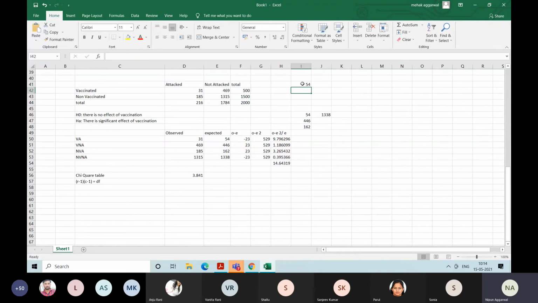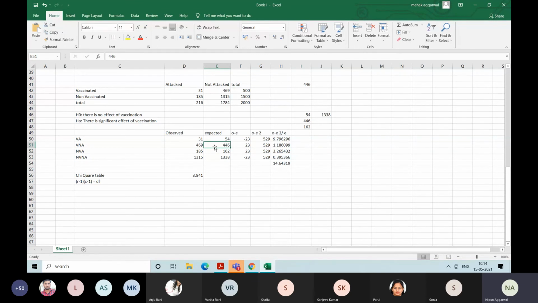So 54 is your theoretical frequency. Fine. For the next case, the total of this row, 500, into the total of the column, 1784. So it is 500 multiplied by 1784 whole divided by 2000. The grand total is 2000. So 446. So 446 is the theoretical frequency of the second case.